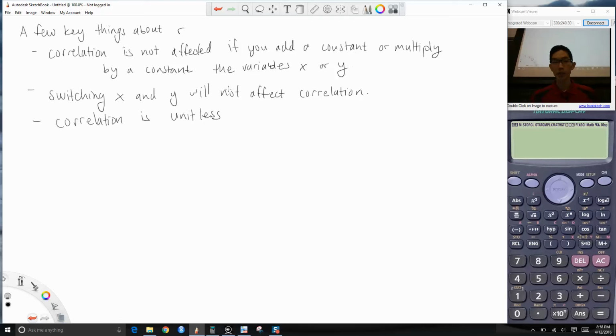Okay, and again, correlation only makes sense if the relationship is linear. It can exist even in nonlinear relationships, but the interpretations for correlation only make sense if the relationship is linear.